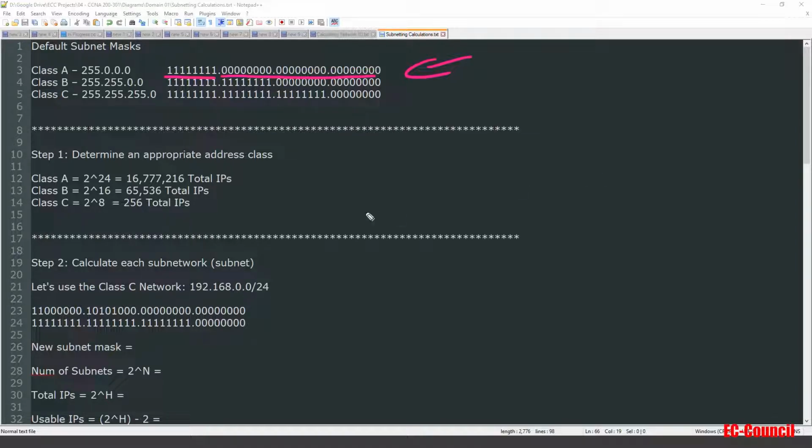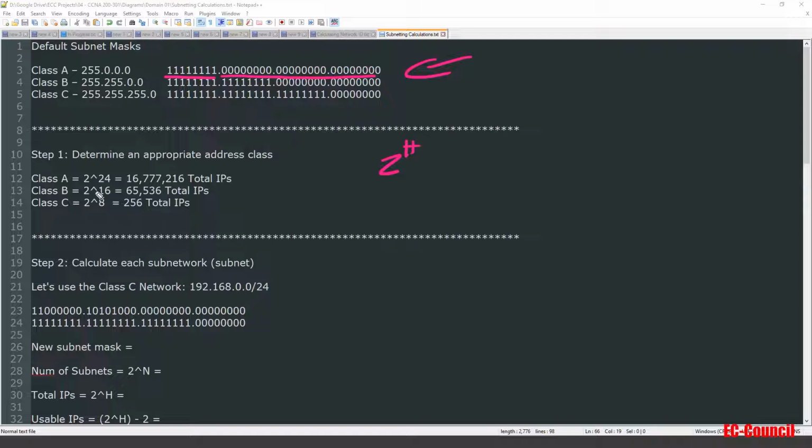Now, what we can do is simply use a very simple formula. The formula to calculate total IP addresses in any network or in any subnet is 2 to the power h, where h is the number of host bits.